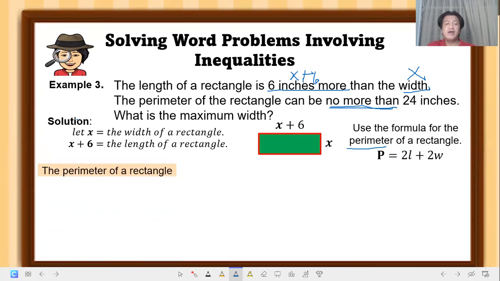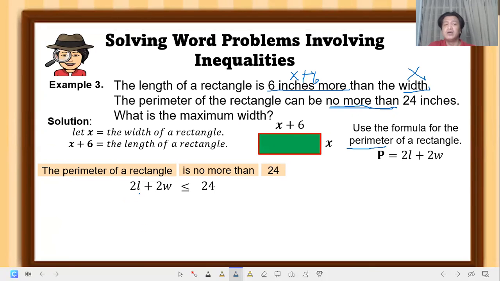Kaya nga, we are going to restate first the problem. The perimeter of rectangle is no more than 24. Since perimeter, i-add natin, kaya re-replace lang natin yung P, kaya 2 length plus 2W. Ito yung expression natin. Is no more than, that is symbol for less than or equal. And copy natin yung 24.